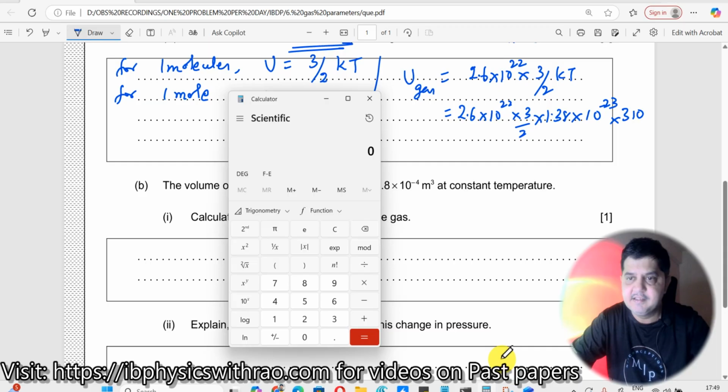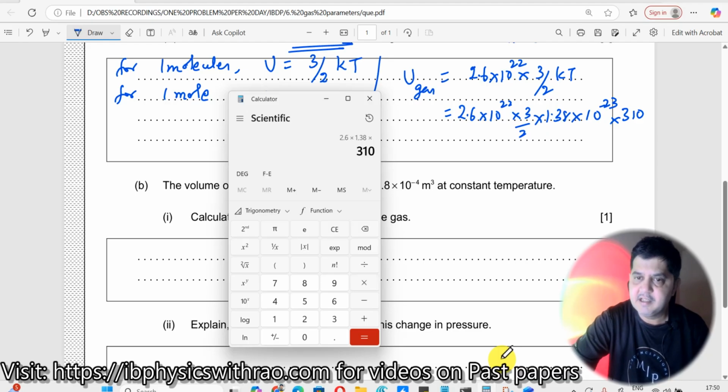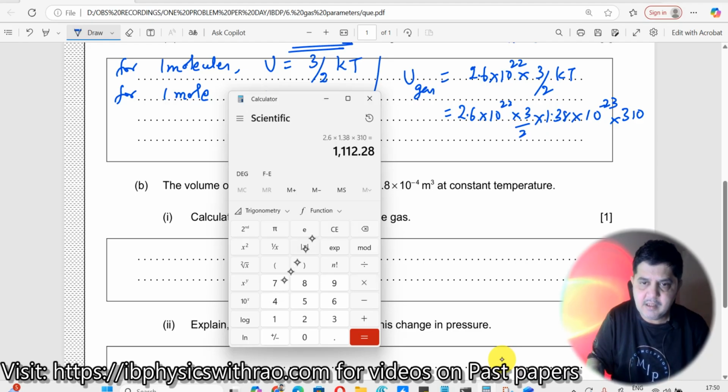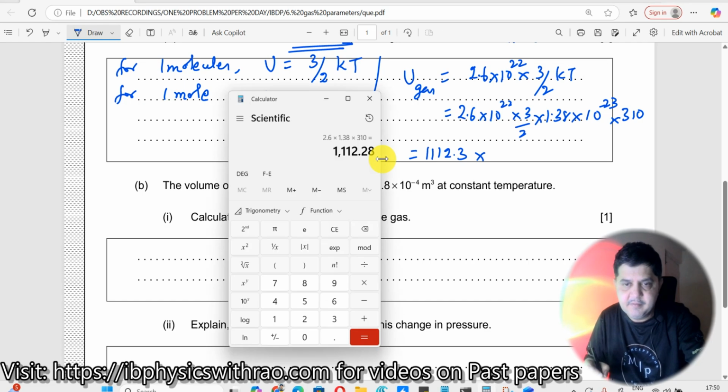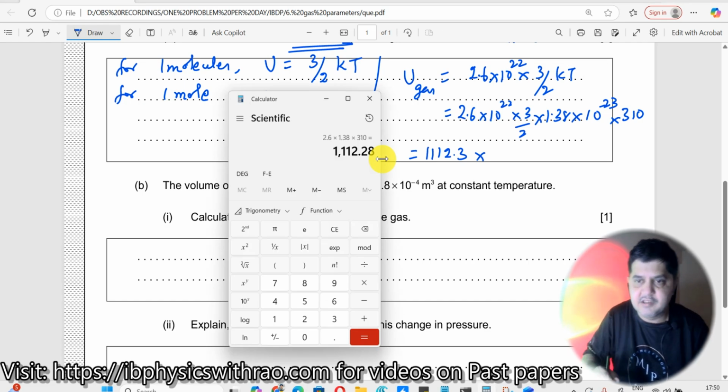So I get 0.6 multiplied by 1.38 multiplied by 310. I get 112.3. I missed something. Did I include the 3 by 2? I didn't include it.